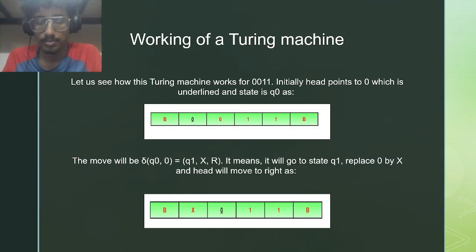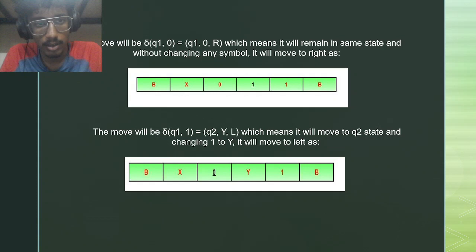towards the right. Moving further, when we take the transition function delta q1 comma 0 equal to q1 comma 0 comma r, which means that when state q1 is encountered by the element 0, it will remain in q1. It will not change the element 0, and head tape would move towards the right.